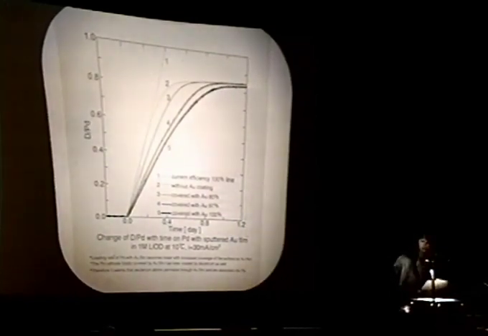This figure shows change of D over PD with time on palladium with sputtered gold film in 1 molar LiOD at 10 degrees centigrade, and current density is 30 milliamperes per square centimeter. Loading rate of palladium with gold film becomes lower with increased coverage of the surface by gold film.